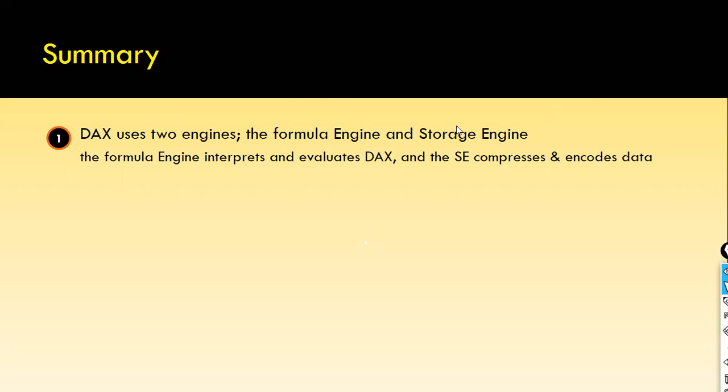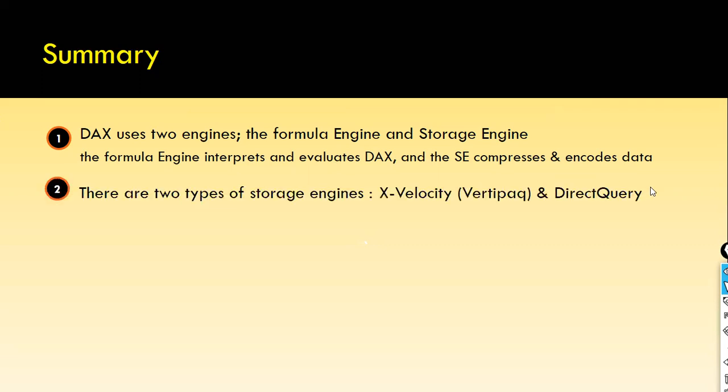What are the internal mechanics, or inner workings, of DAX queries? There are two engines: the formula engine and the storage engine. The formula engine interprets and evaluates the DAX query, and the storage engine compresses and encodes the data.